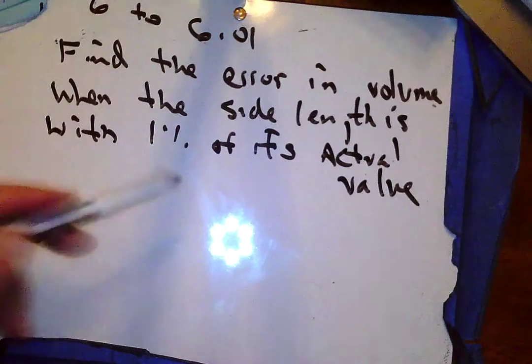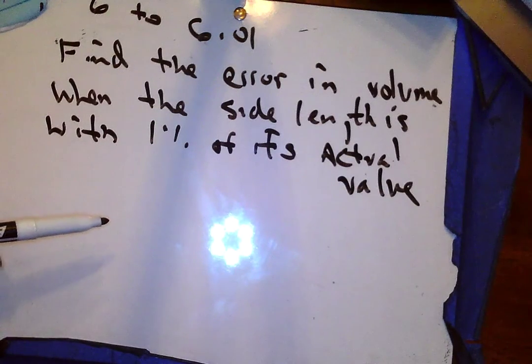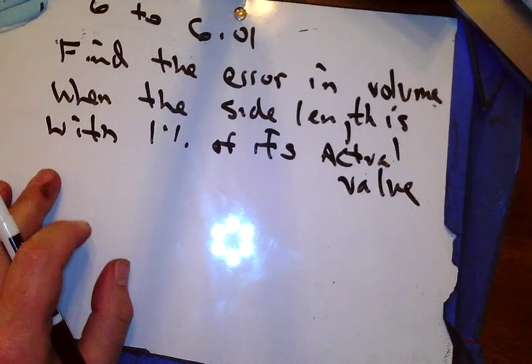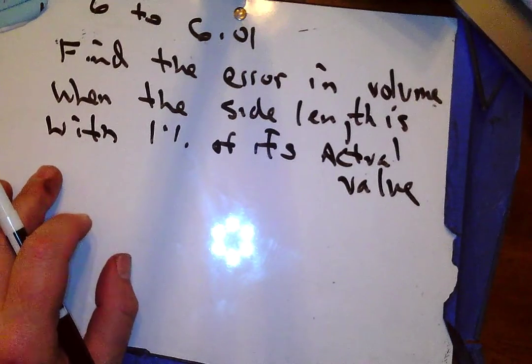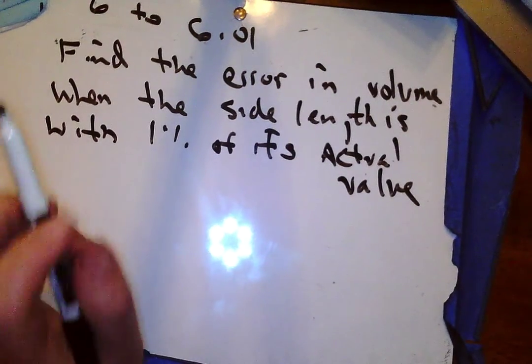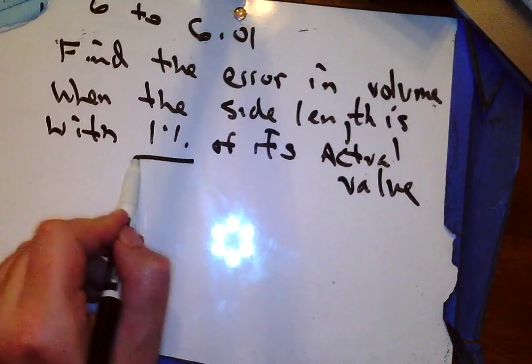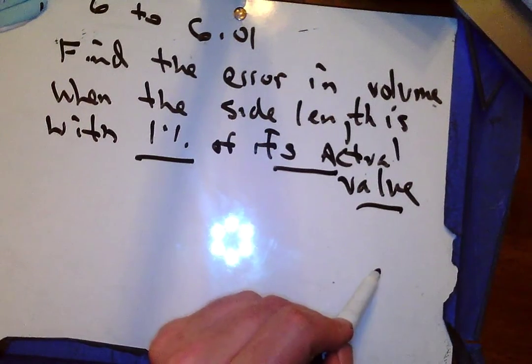Yeah, the cool thing is we know what all of those words mean, and yet so many people look at this and say, I don't know what I'm supposed to do there. So let's name some things calculously. Within 1% of its actual value.